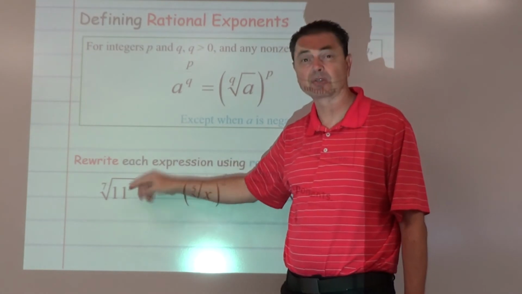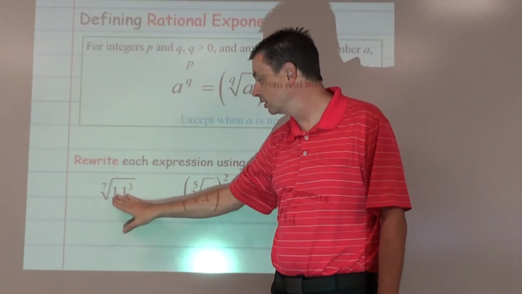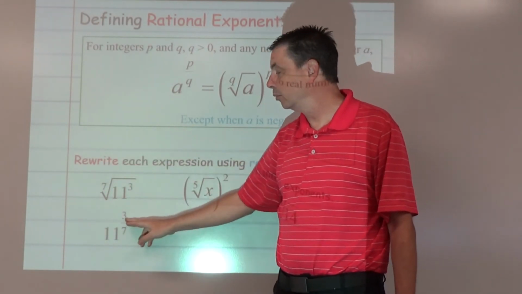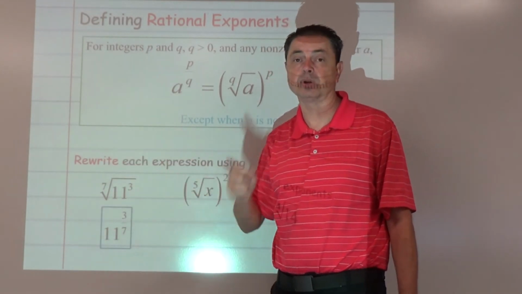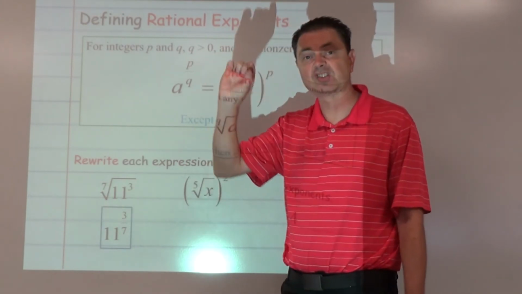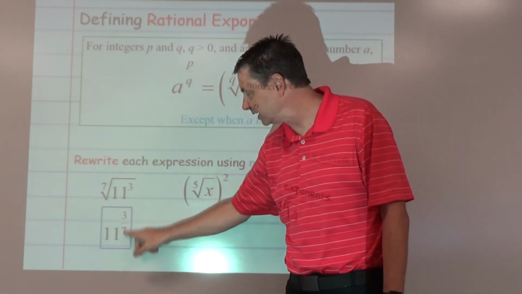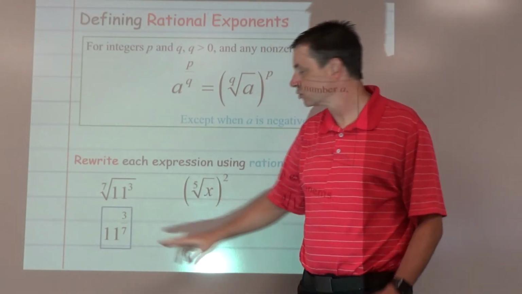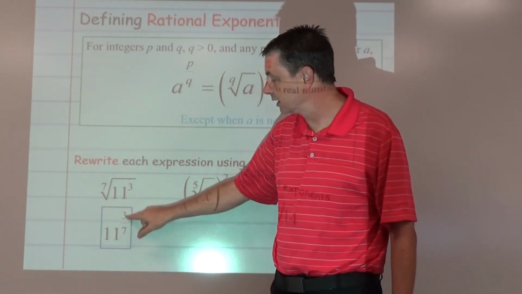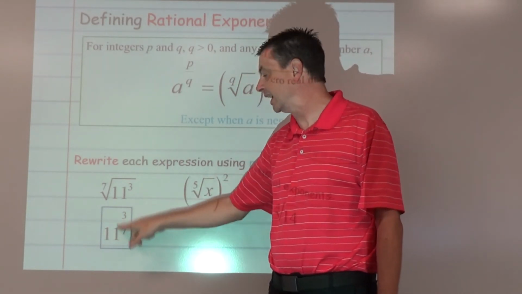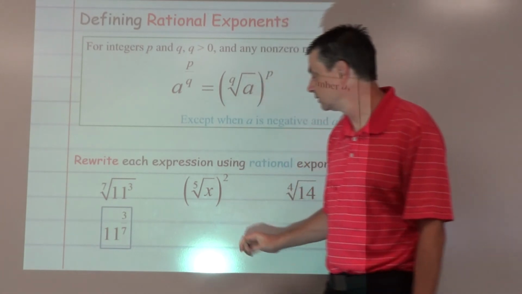So that means that the 3 has to be the numerator. 11 to the power of 3 over 7. Make sure your exponent looks like an exponent. It needs to be high and small. If you write 11 and 3/7, I'm going to think it's a mixed number. So make sure we write the exponent clearly. Low, small, and high. 11 to the power of 3/7.